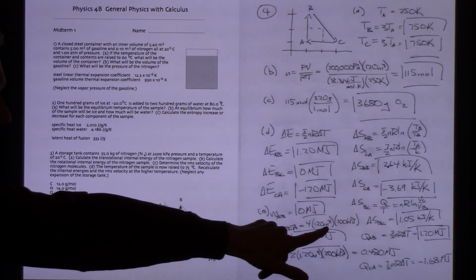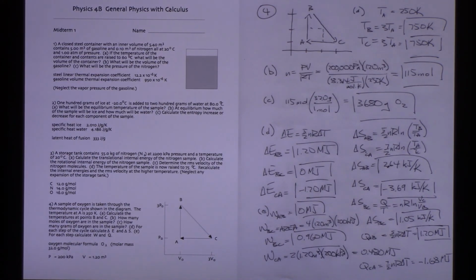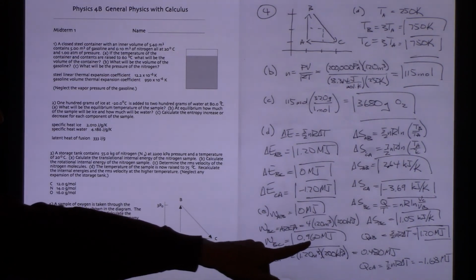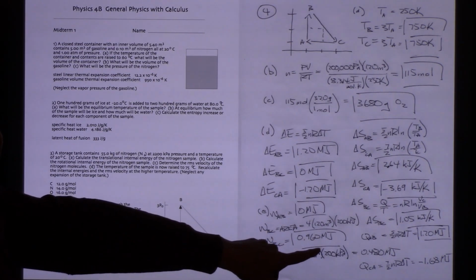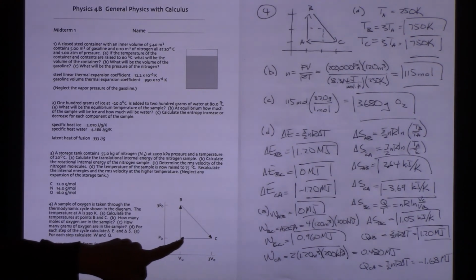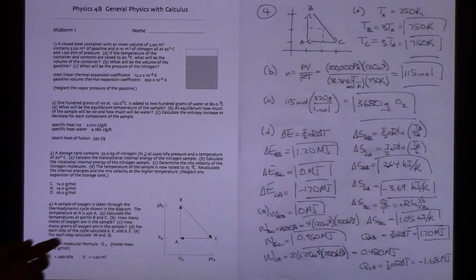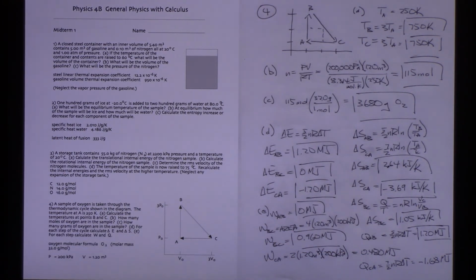Using area under the curve, that gave me a value of 0.960 megajoules. Now that I've done that calculation for B to C, I can see that C to A is going to be half that amount, which is 0.48 megajoules.